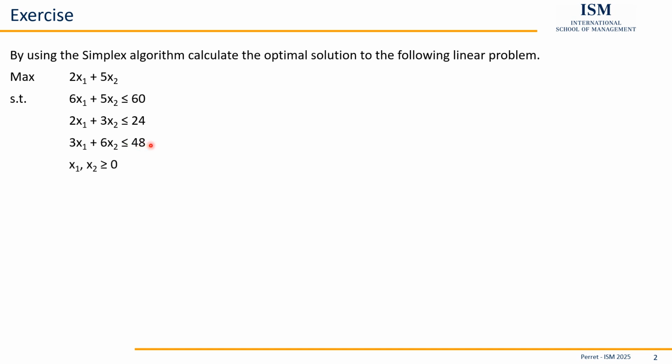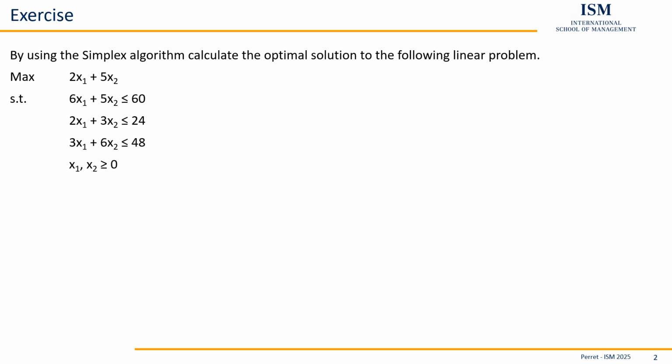And finally, we have our non-negativity constraints so that both of our decision variables should be larger or equal to 0.